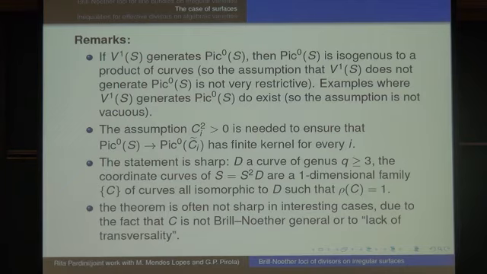And I put it there as lack of transversality. So Pic 0 is somehow in special position inside the Pic of the curve with respect to the symmetric product of the curve. And again, you cannot hope to detect this kind of phenomenon just by writing down a number.